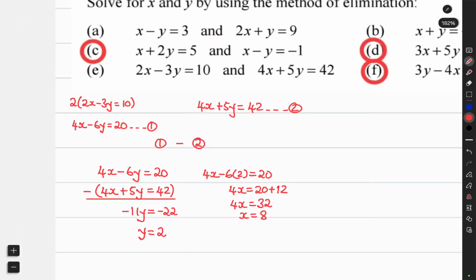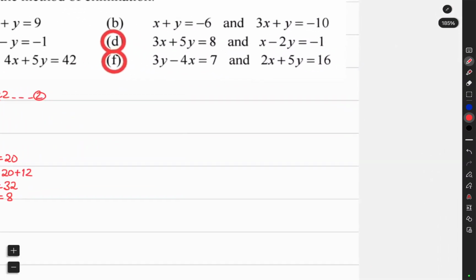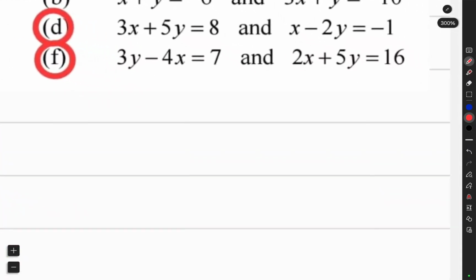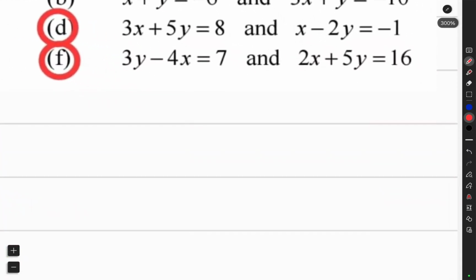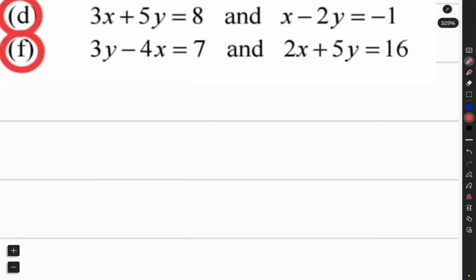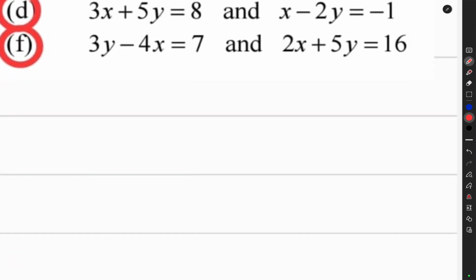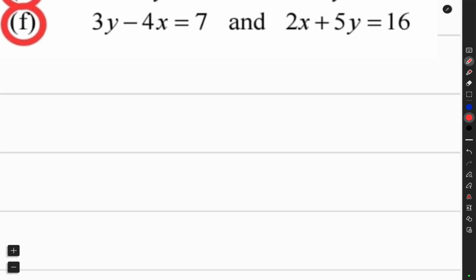Let's look at the second one. The second one will be F. Firstly, I'm sure you can see that the two equations are not in the same order.